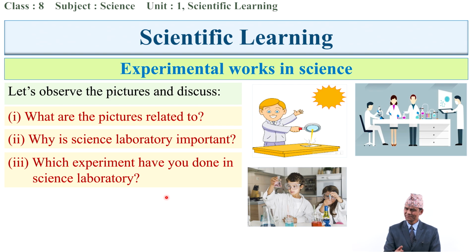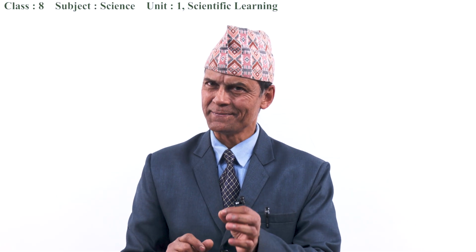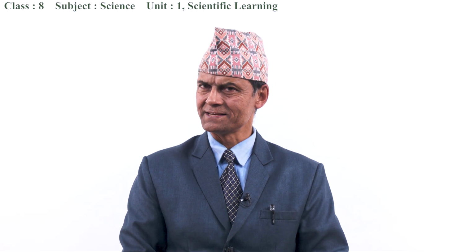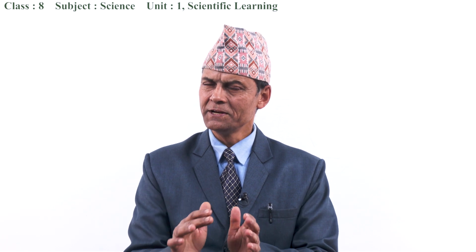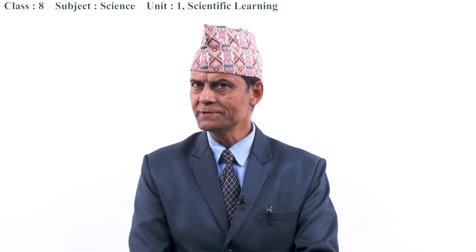Then students, which experiments have you done in the science laboratory? Of course, you have done some experiments in the science lab. You may have tested acid, base, and salt by using litmus paper, isn't it? You may have observed different scientific, biological specimens like snake, lizard, frog, scorpion, and other animals in the science lab, isn't it?